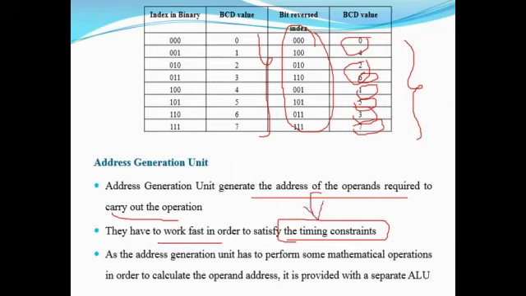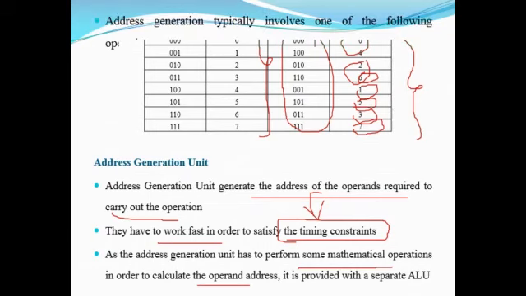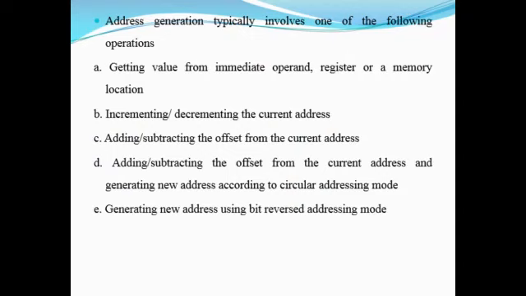The address generation unit performs mathematical operations to calculate the operand address, and it is provided in a separate ALU. So the address generation unit typically involves the following operations.